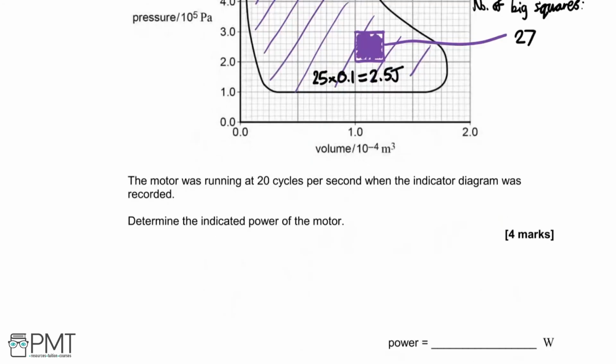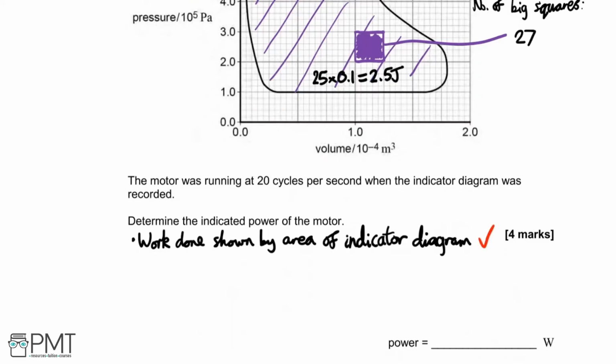Now, the first point to make is that the work done is indicated by the area. What we then want to do is write down how many squares we've counted. As I said before, I'm going to stick with 27 big squares. So just making it clear to the examiner what we're doing at each point, not just counting the squares, but we're writing down that we have counted them. What that will then mean is if we've got 27 lots of 2.5 joules, that should bring us to 67.5 joules.